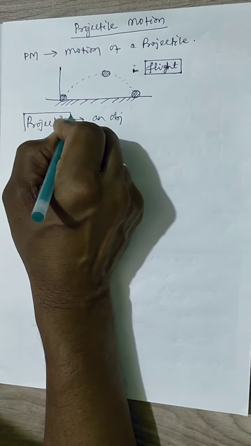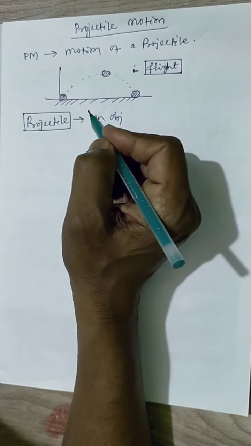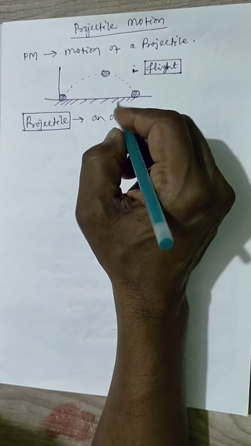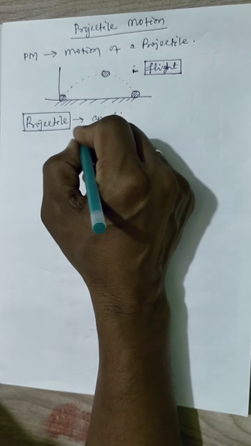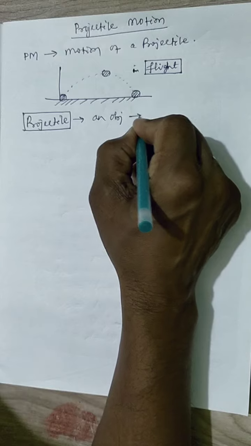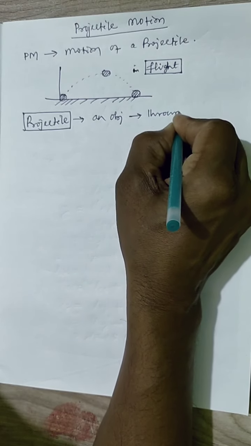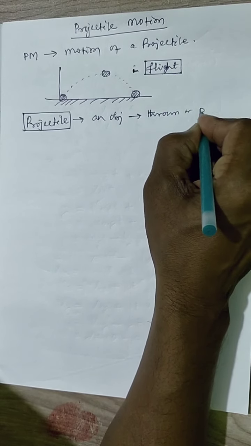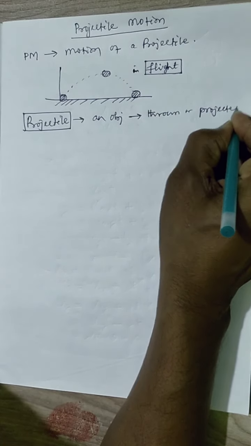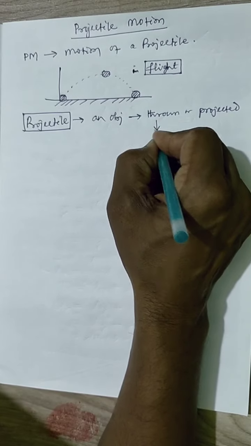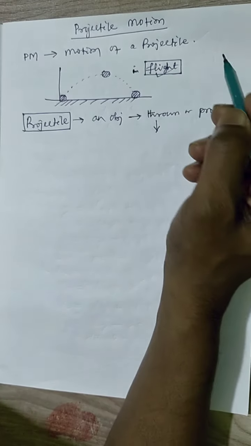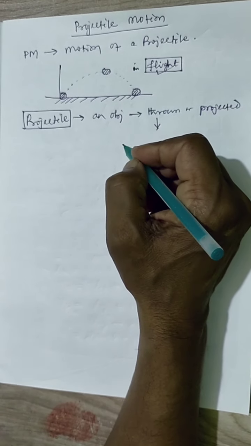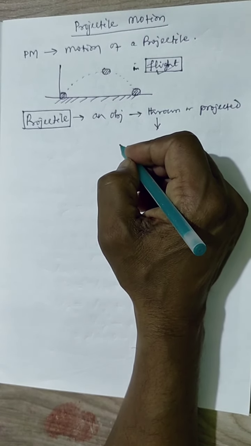That means any object, when it is thrown or projected, remains in flight. Then this object is termed as projectile.